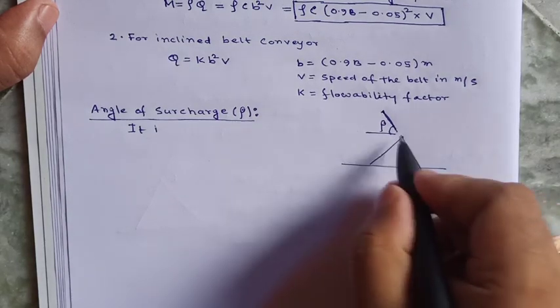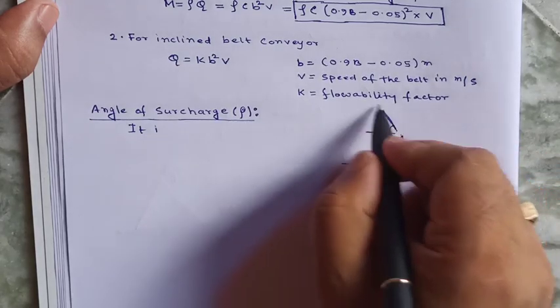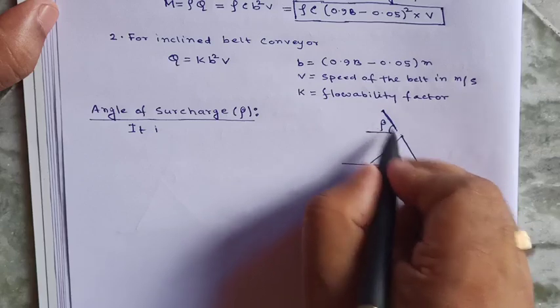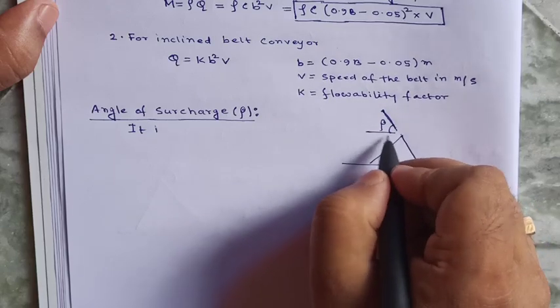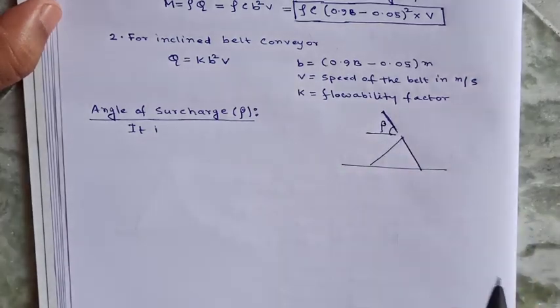Any of these two surfaces, if we extend the surface line, its angle with the horizontal line is called the surcharge angle.